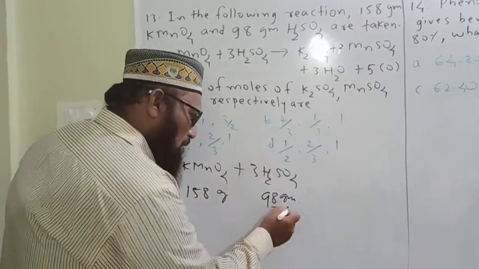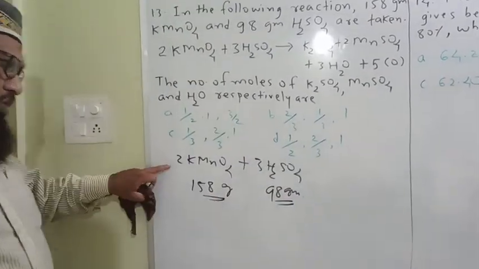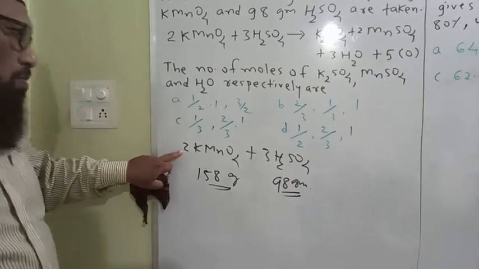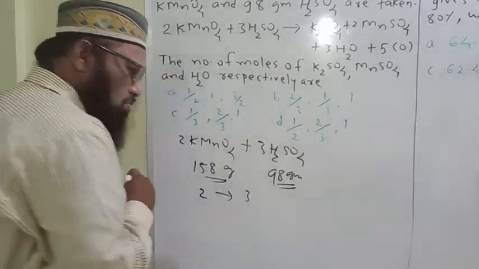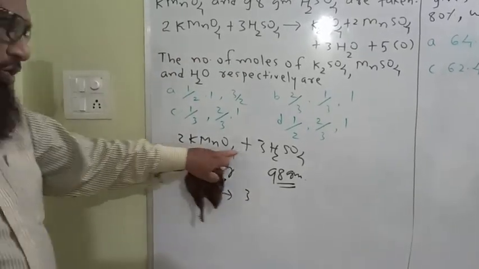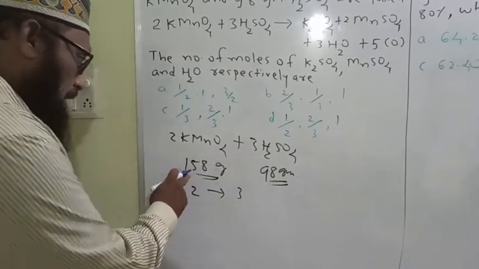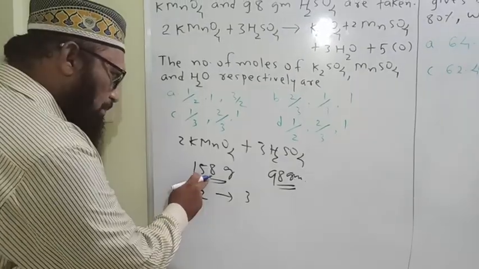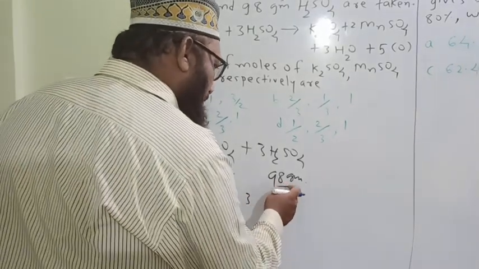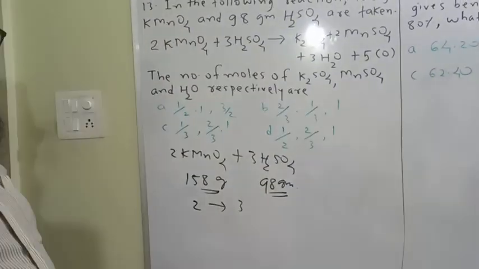Now look here, 2 mole of KMnO4 requires 3 mole of H2SO4. This is the stoichiometry. Then let us find out the number of moles in 158 gram KMnO4 and 98 gram of H2SO4.